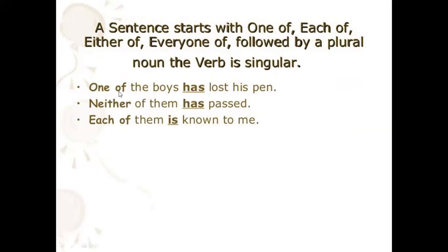So here the sentence starts with one of. What is the plural noun here? Boys. So surely the verb is in singular, that is has. Neither of them has passed. Each of them is known to me. So when a sentence starts with one of, neither of, each of, followed by a plural noun, the verb is in singular.